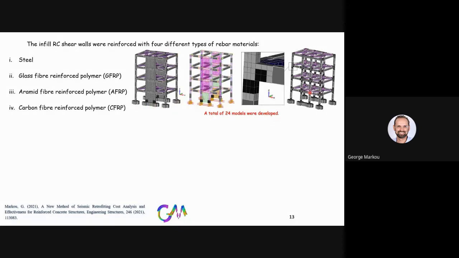And the idea here was to design a framing system which is not seismically resistant by using the old Cypriot code, which is now replaced by Eurocode, of course, given that Cyprus is also a member of the European Union. And as you can see, this is an infill shear wall that was also constructed, and then this was tested under cyclic loading.